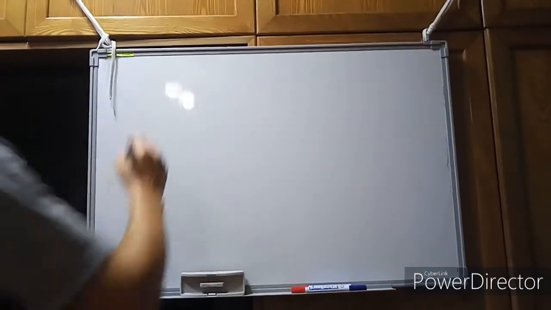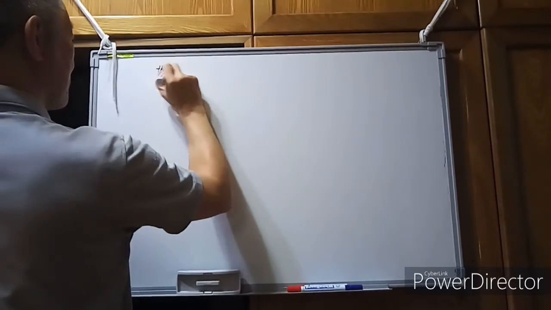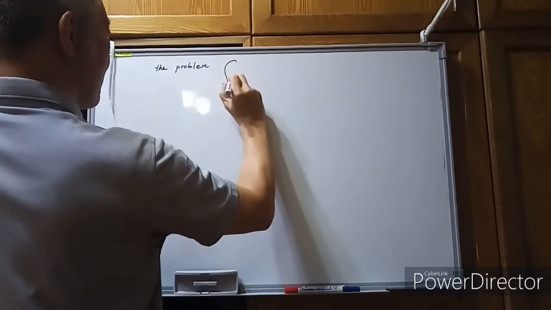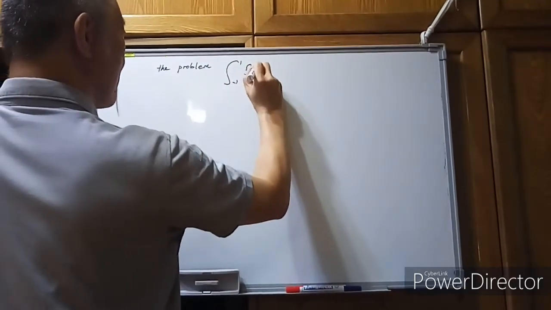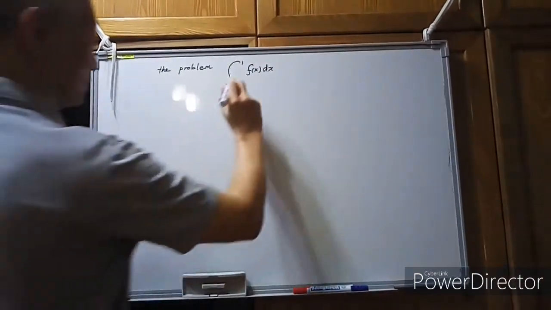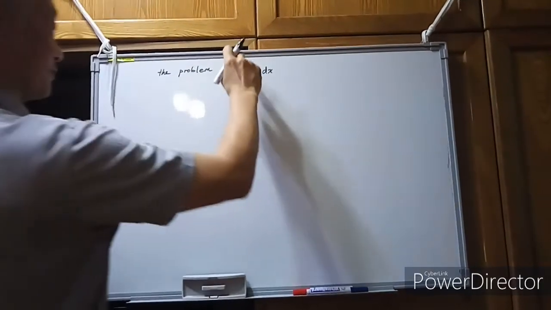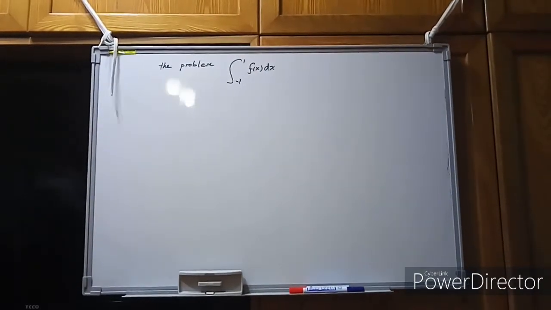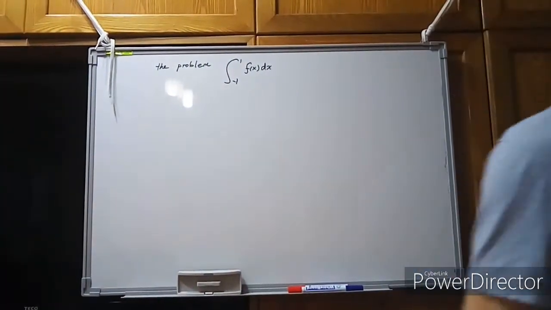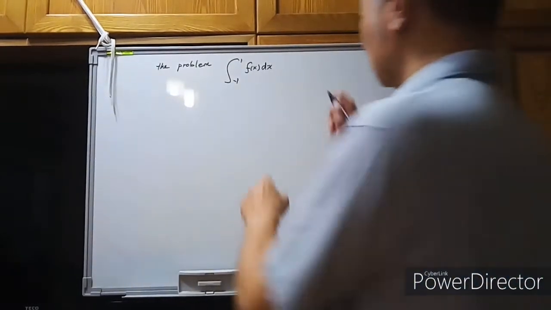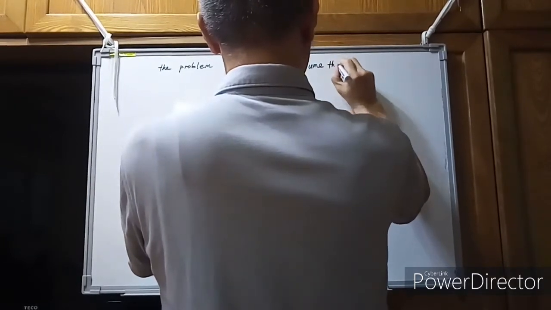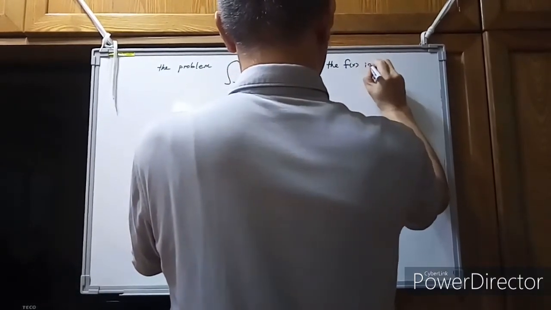Okay, let's try to solve the problem. And remember, for the Gaussian quadrature method, the domain of the integration is always from -1 to +1.